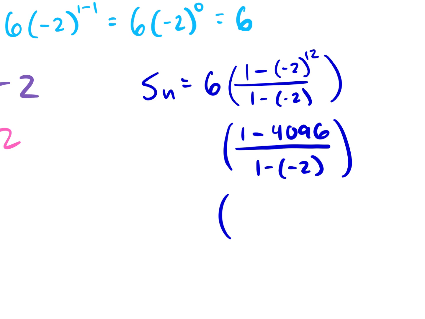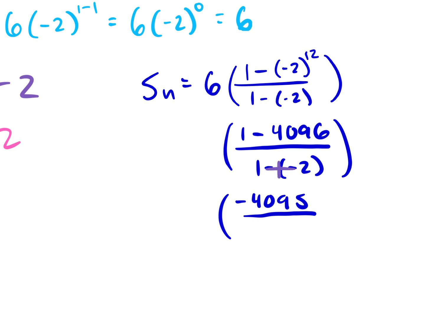So on top, we get 1 minus that. So 1 minus 4,096 would be negative 4,095. On the bottom, what is 1 minus negative 2?